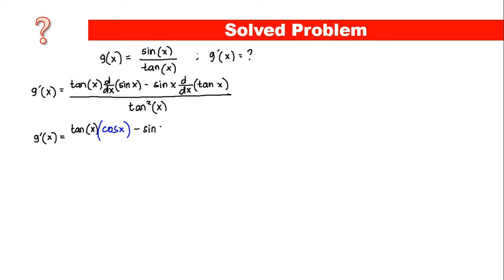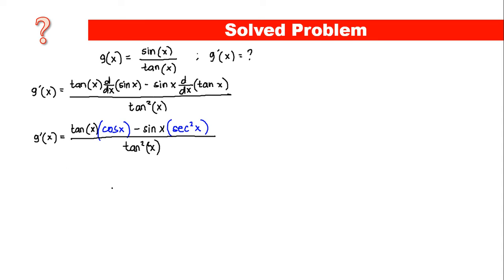Minus sine x times the derivative of tangent x, which is equal to secant squared x, right? Divided by all over tangent squared ng x.